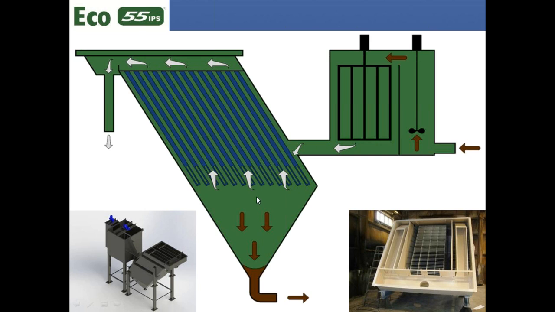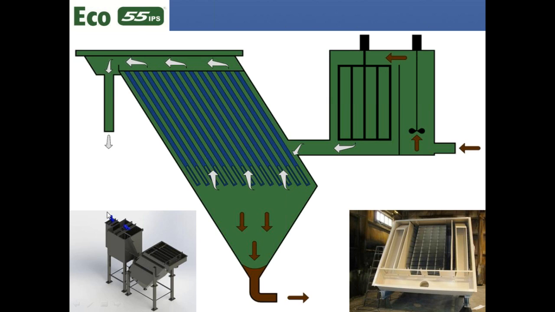Typically, we'll use a high rate incline plate clarifier, something like a lamella type. Our product line is the Eco-55 IPS, and these are very high efficiency clarifiers. They minimize footprint and a lot of the operating costs, and they have very simple, straightforward access to sludge management, etc. A lot of times this is necessary, again, in situations where there's a high TDS.